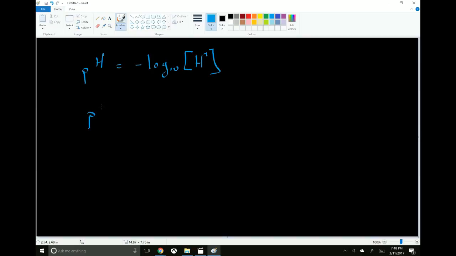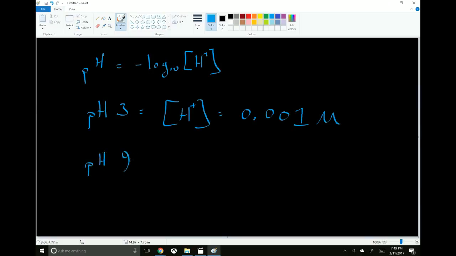So pH of 3 is going to be a concentration of hydronium equal to 0.001 molar. That's a fairly acidic solution right there, but it's still a fairly small concentration of hydronium. pH of 9 means you're looking at an H+ concentration of 0.000000001 molar.